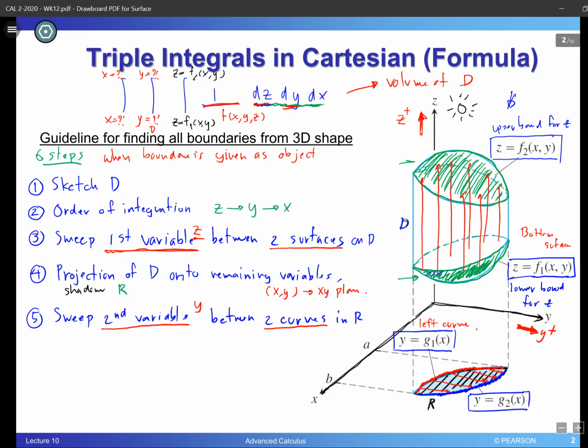So you can make a note that this one is the right curve. There you go. g1 of x right here is going to be the lower bound for y. And this g2 of x is going to be the upper bound for y.